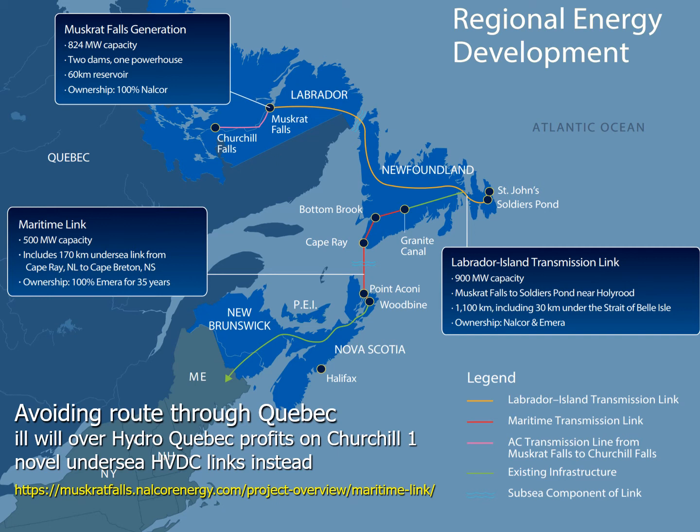So Labrador has chosen to run the power across the Labrador Strait into Newfoundland, down the peninsula into St. John's, and through Newfoundland's own transmission grid, and then through a maritime link underwater across the bay and over into Nova Scotia. Then from there, it's going through New Brunswick and available to sell power into Maine over existing transmission infrastructure.